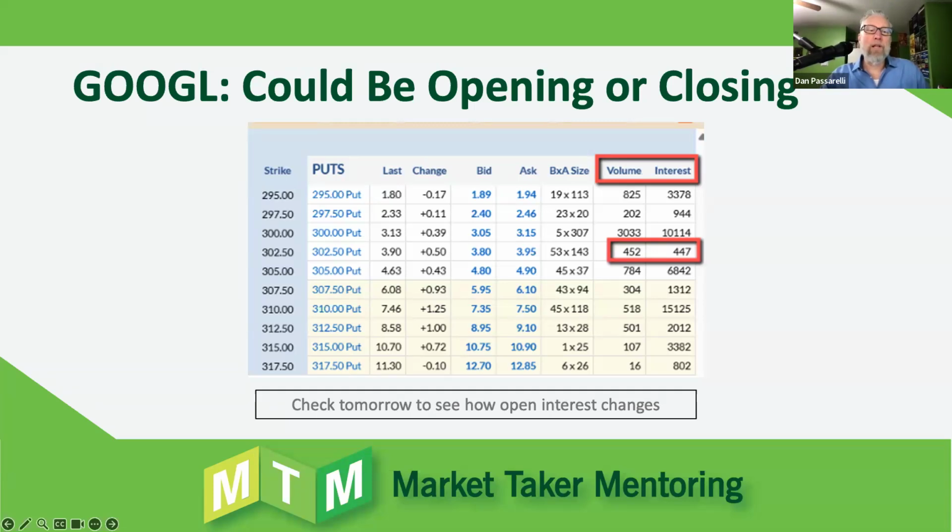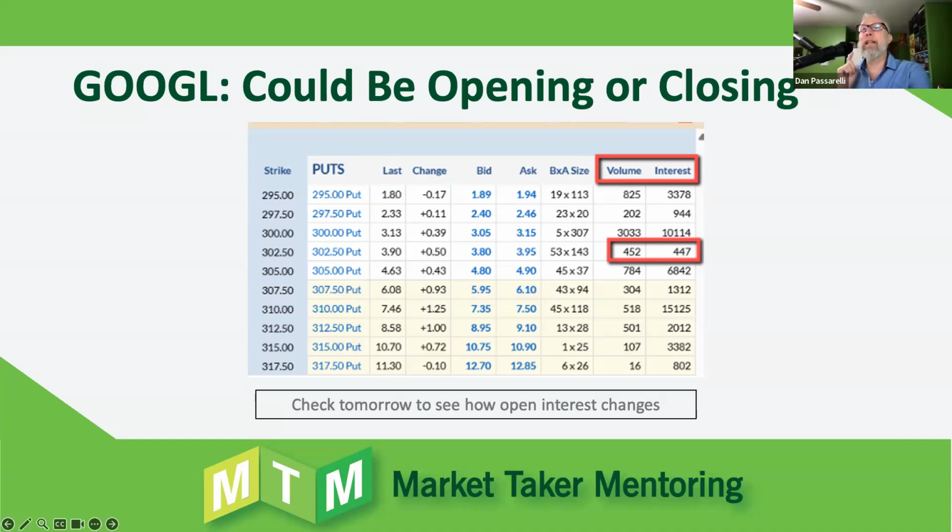Here's the thing. Think about this. So we start the day today. All I care about right now is the 302.5 calls. When we started the day today, what was volume and what was open interest?